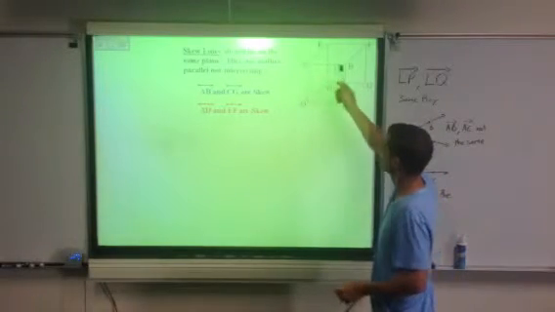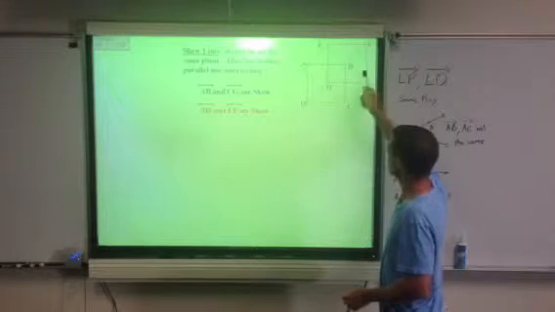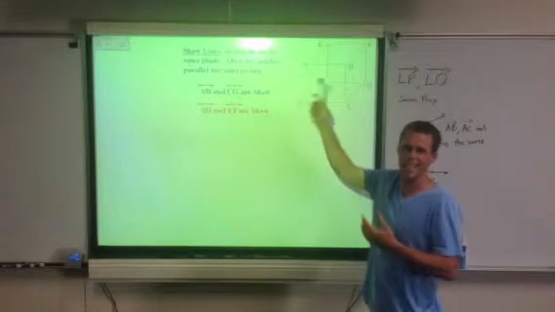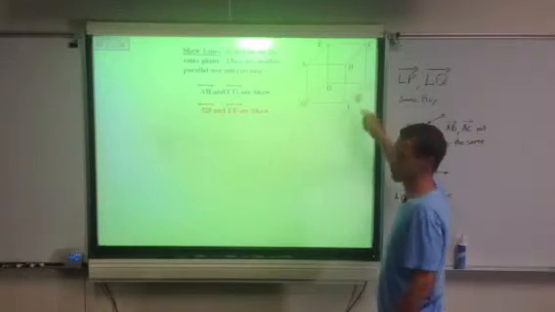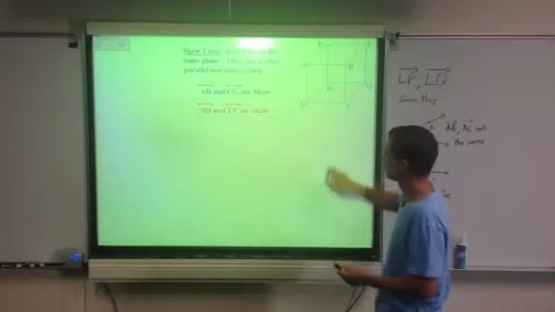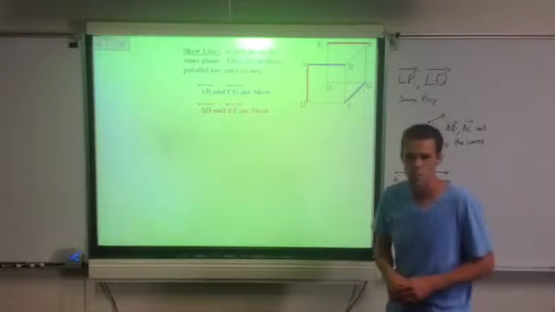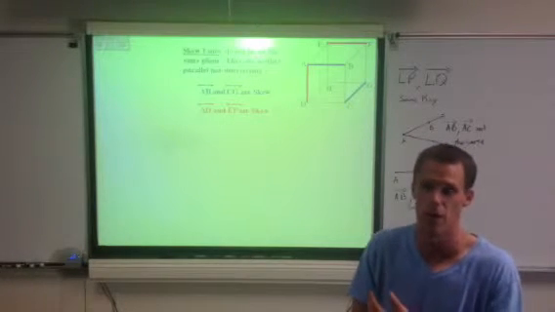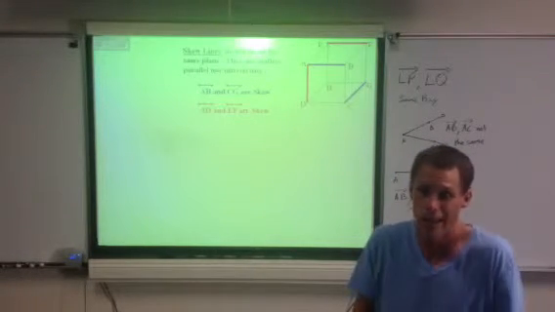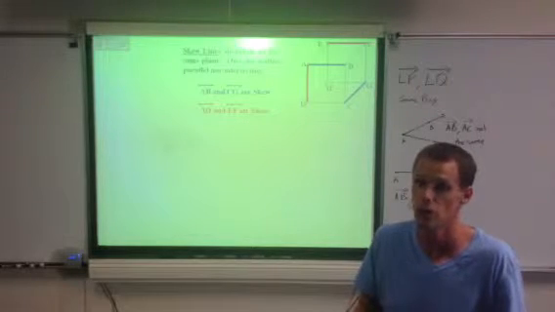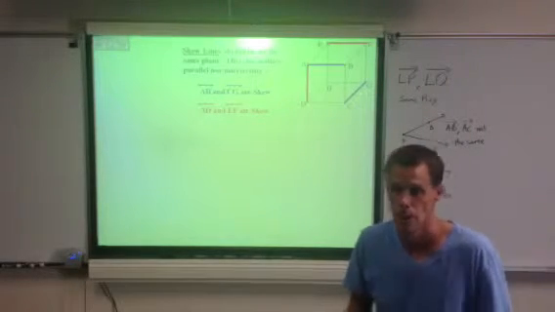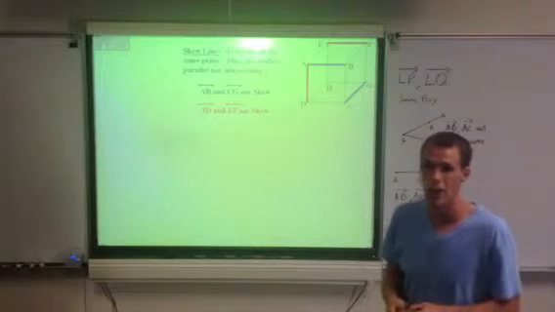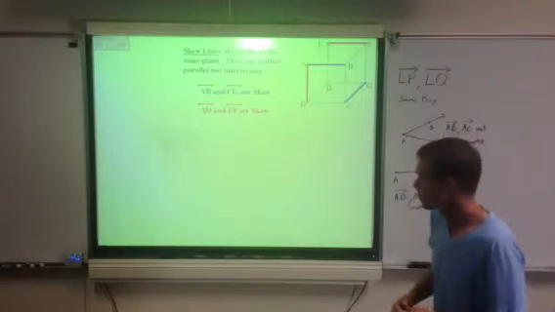Line AB is going side to side up on the roof. CG is going front to back on the side. Let's put those in. The blue lines are skew. If we continued them forever, they would never hit each other, and they're not parallel. They don't go in the same direction. These are an example of non-coplanar lines.